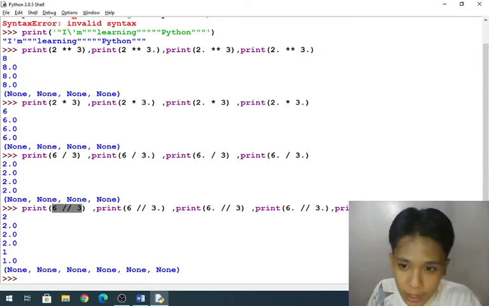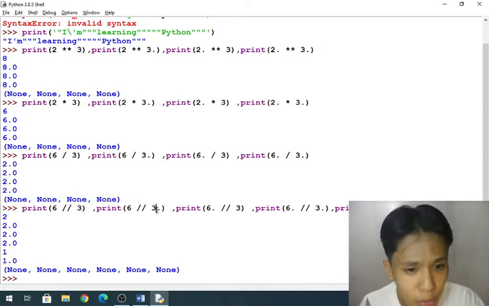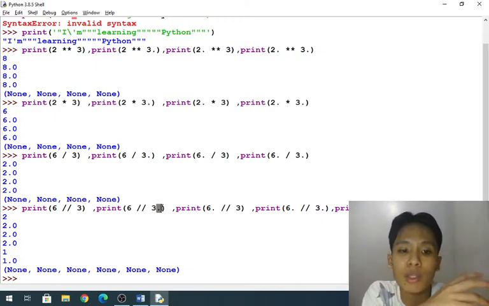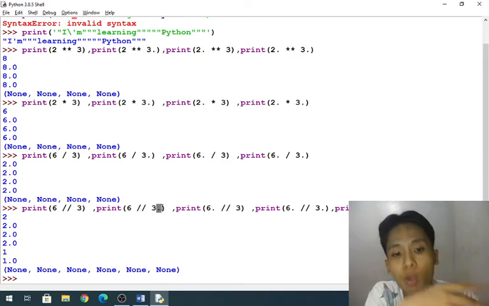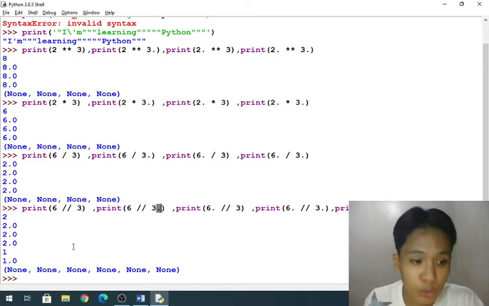And the only difference I see is that this point, which makes it float. So I can say that the ones without float are integers and the results also are integers, and the ones with floats are floats and the results will be floats too.